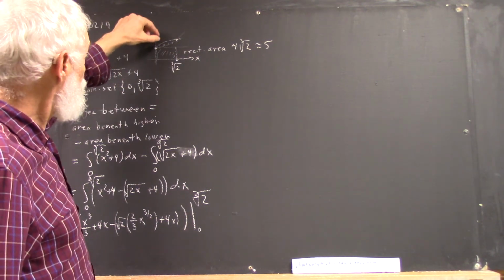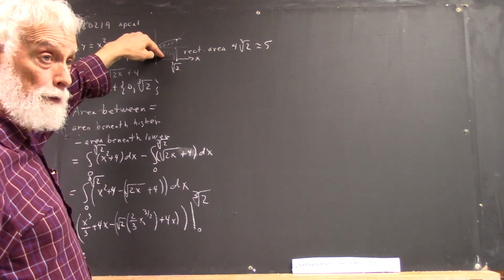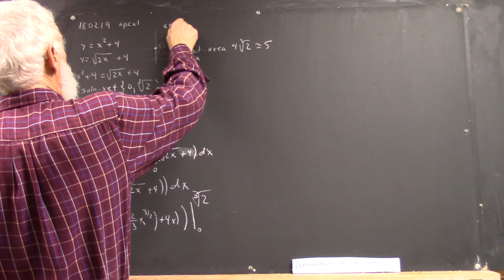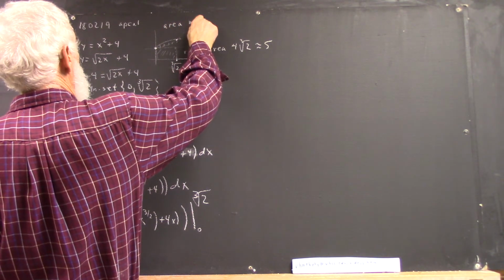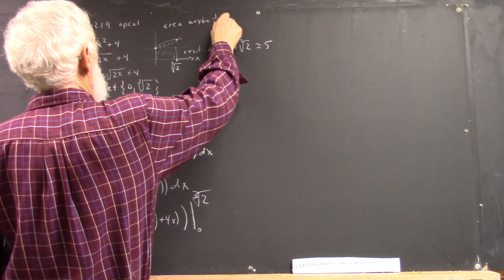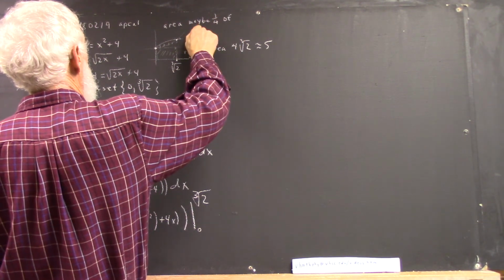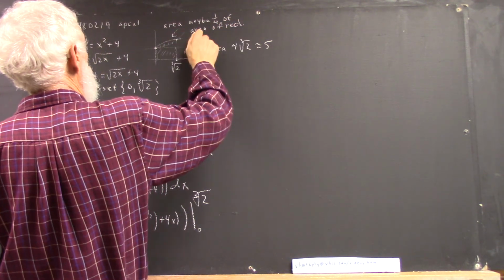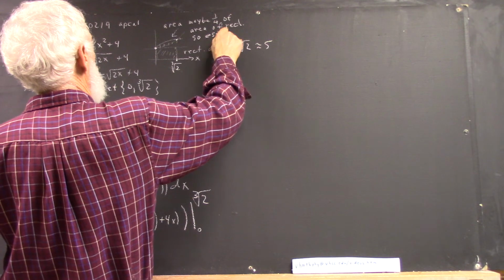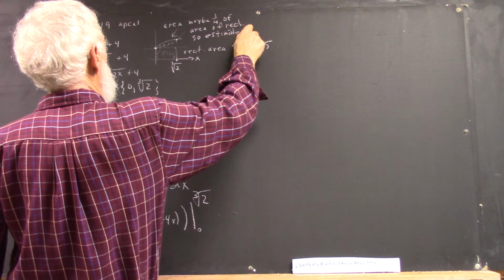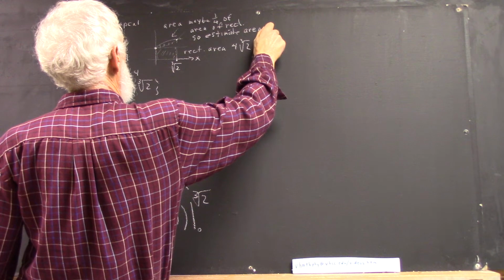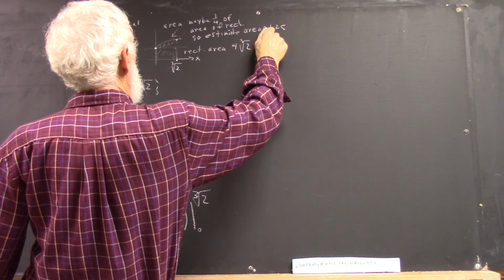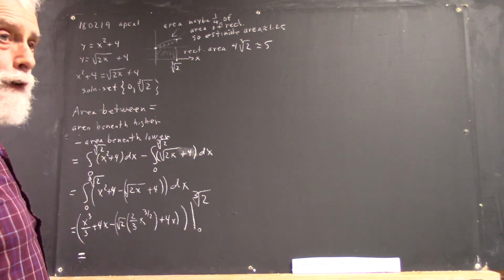Well, the area of this little slice looks like maybe 1/4 of the area of this, right? So I estimate an area of very approximately 1.25.